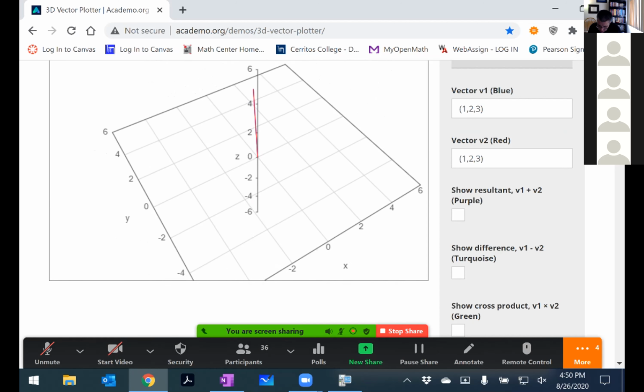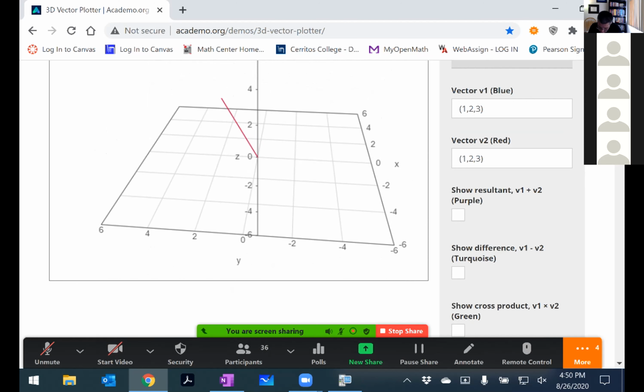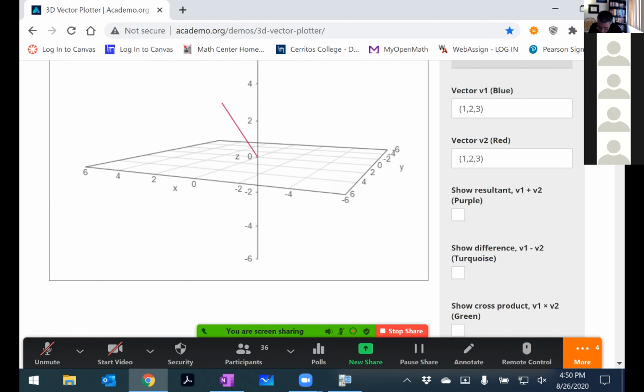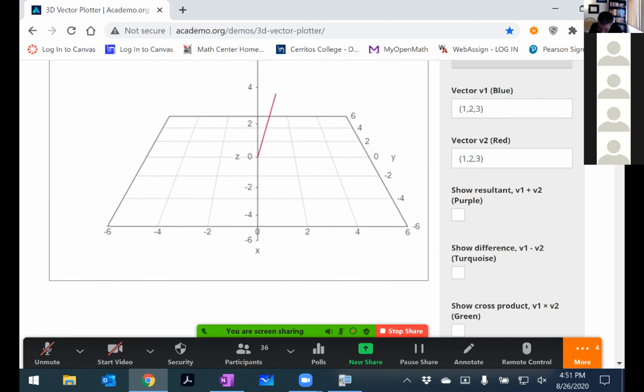That's the XY plane. That's correct. Anyway, enough wasting time with this, but you get the idea.